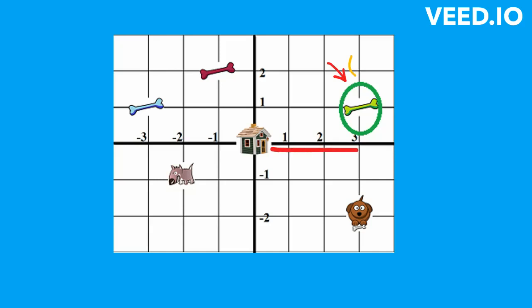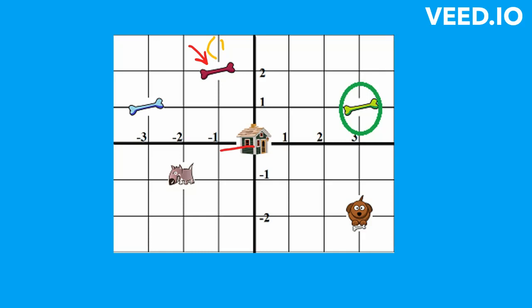The x coordinate is 3 units from the origin on the x-axis in the forward direction. So 3, and then it is 1 unit on the y-axis, upward direction. For this one, it is 1 unit from the origin but in the backward direction.